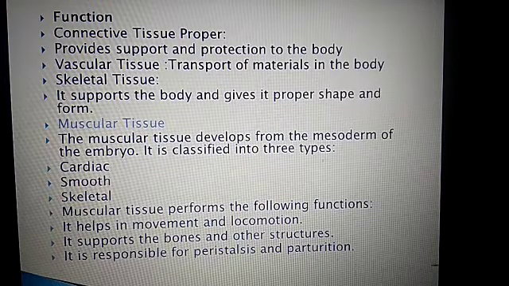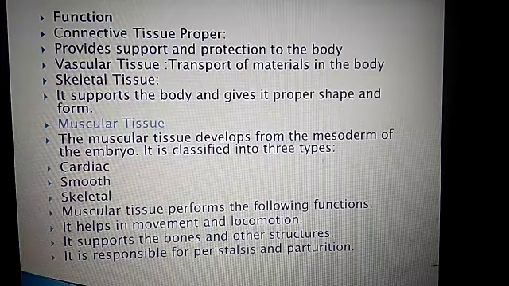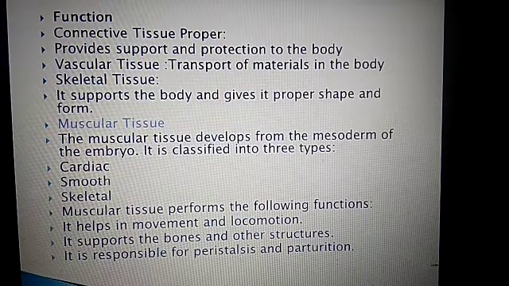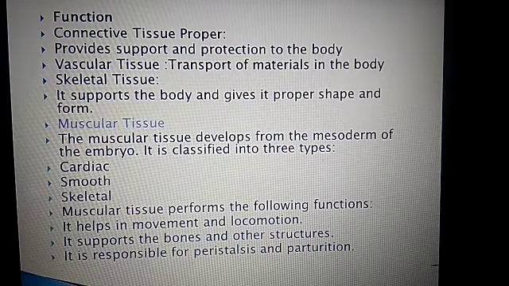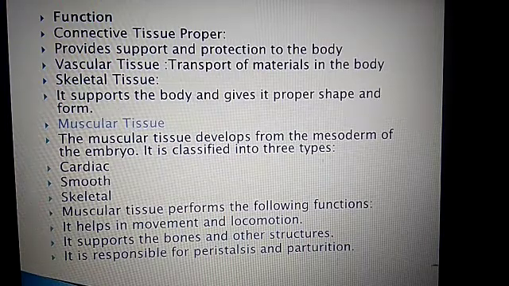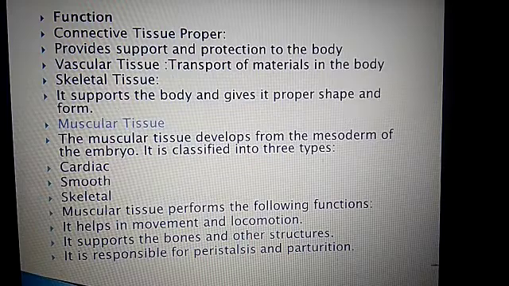Bones are made up of a large number of Haversian systems, and in the center they contain blood vessels and a number of lacunae.